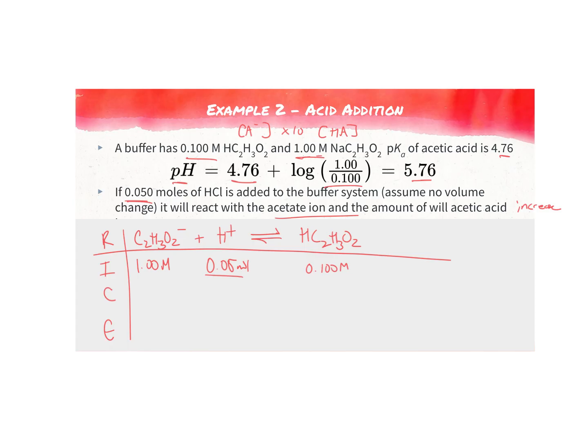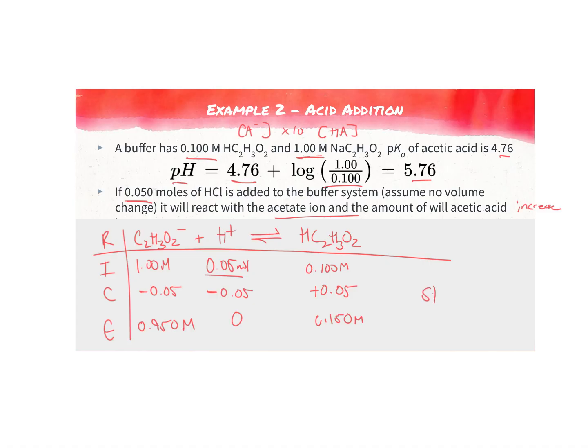Change, of course, our H plus is our limiting reagent here, and so that is what determines how much change we have. We have minus 0.05 here, minus 0.05 here, and plus 0.05 here, and then we just add things together. We get 0.95, we get 0, because that cancels out, and we get 0.150 molar.